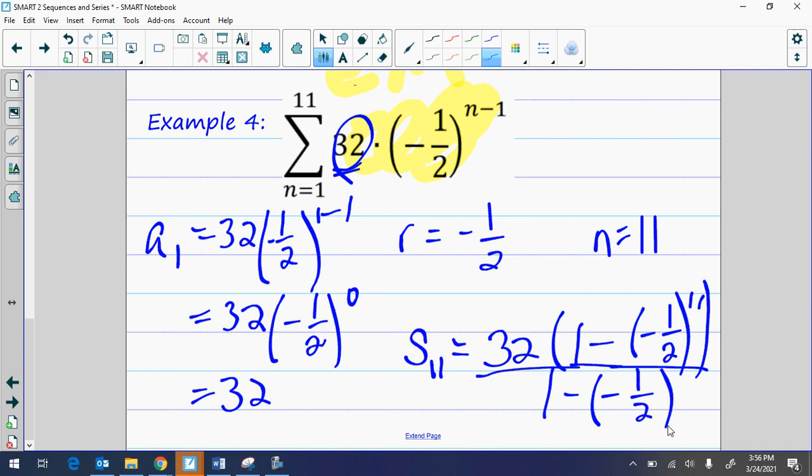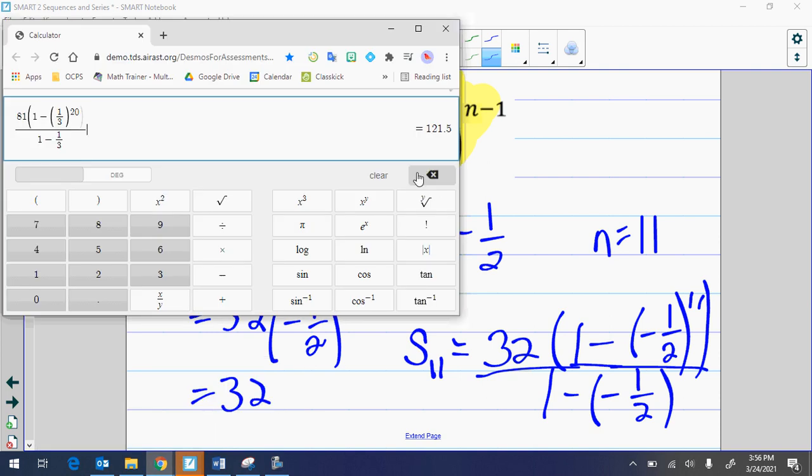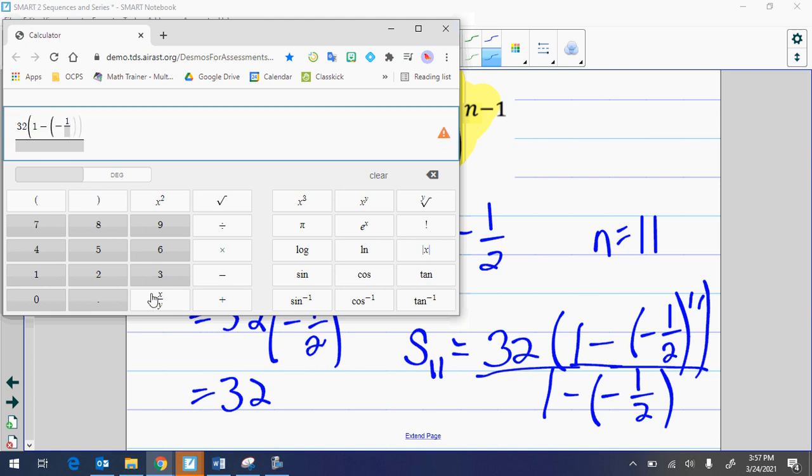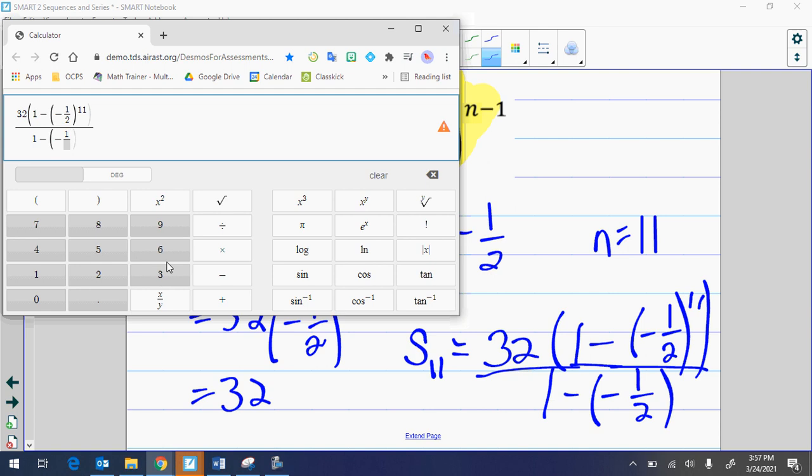There we go. And again, I'm totally going to my online calculator, and we're just going to plug it straight in. So fraction bar, 32, parenthesis, 1 minus, parenthesis, negative, fraction, 1/2, parenthesis, to the 11th over 1 minus, parenthesis, negative, fraction, 1/2.